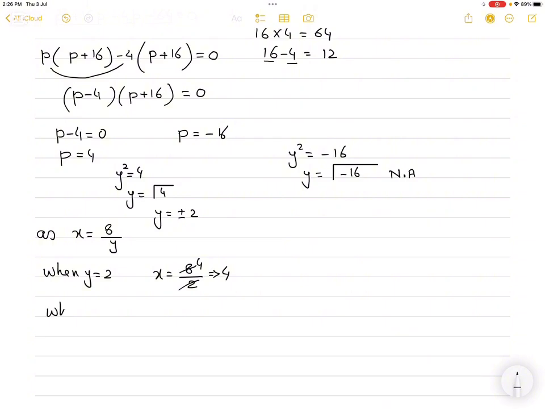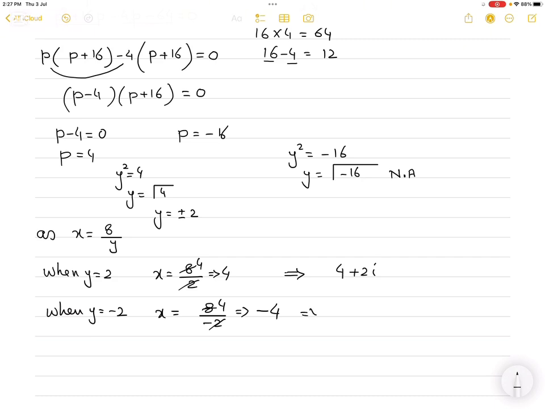And when y equals negative 2, x is equal to 8 over negative 2, so my x is negative 4. From the first part, when my y was 2, my x was 4, so I can write 4 plus 2i.